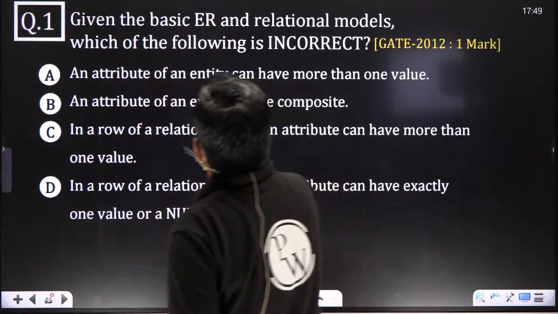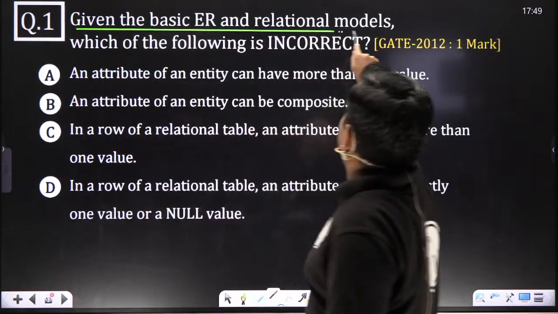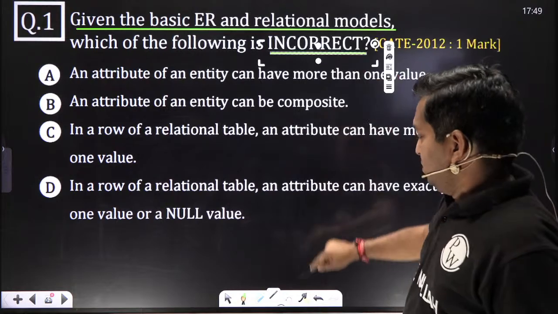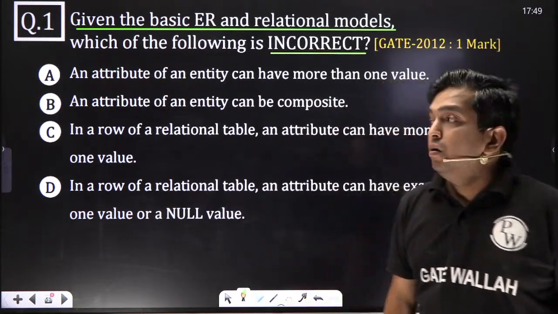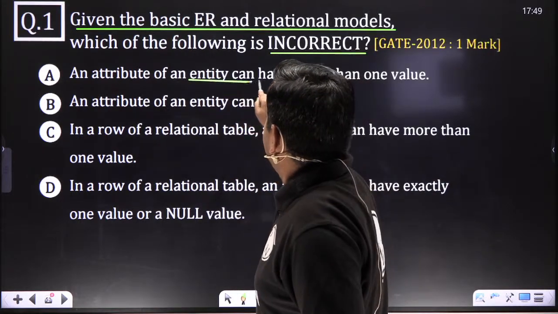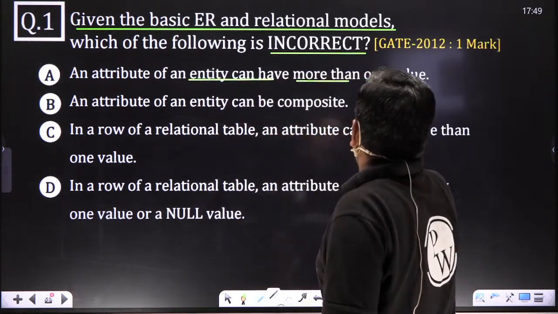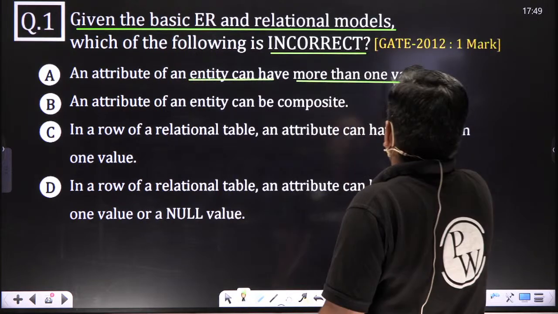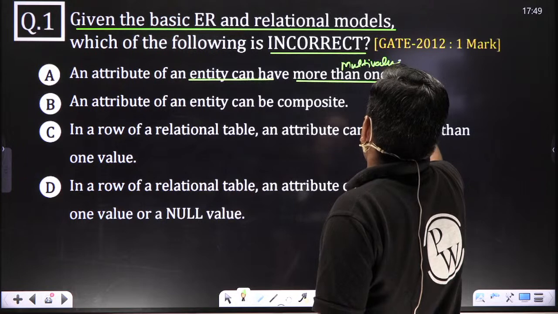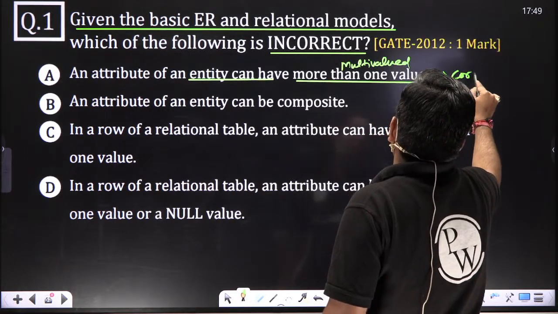Given the basic ER and relation model, which of the following is incorrect? An attribute of an entity in an ER diagram can have multi-valued attributes, more than one value. Multi-valued is allowed in ER, yes, of course it is correct.